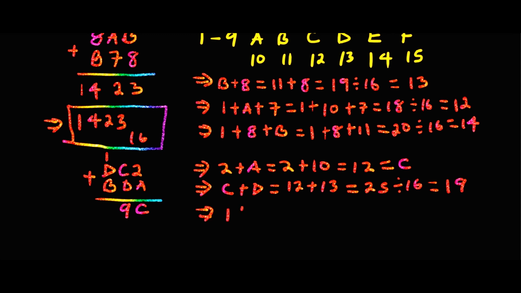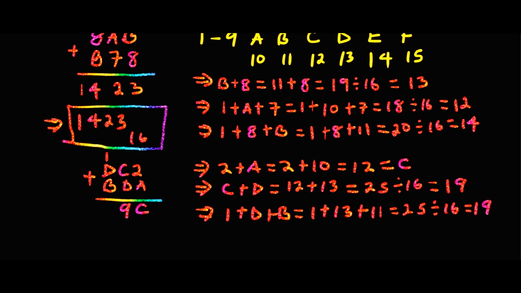So that in the next step you have 1 plus D plus B. This is interpreted as 1 plus 13, and B is 11. So you add the two, you get 25. Again, you divide 25 by the base, and you get that 16 goes into 25 once, and then there's a remainder of 9.